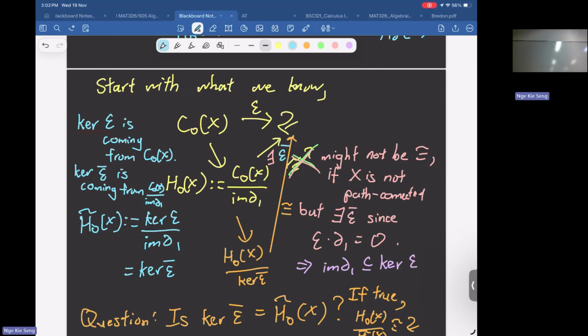Meaning if it gets sent to 0 by epsilon bar, why is it coming from the kernel of epsilon? Maybe this part needs some explanation. If you are still confused, I think this part is a bit harder. It's always this part that is harder actually. You just know that some coset gets sent to 0, so why is it coming from the kernel?